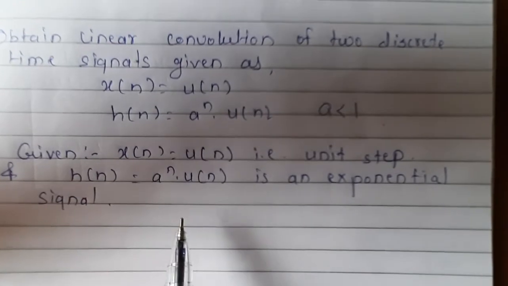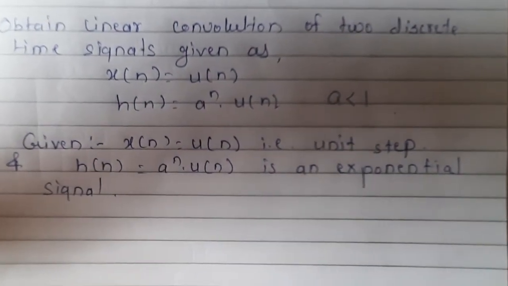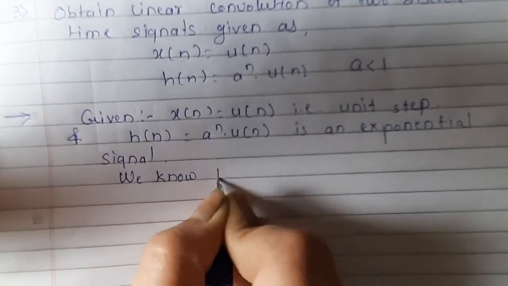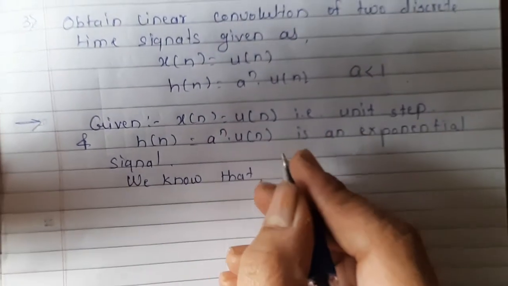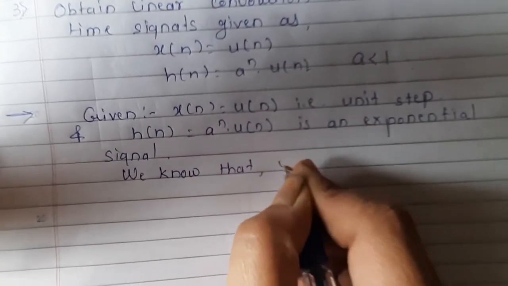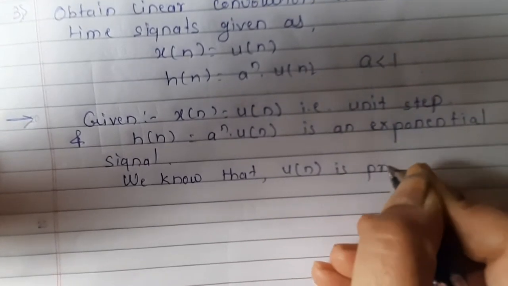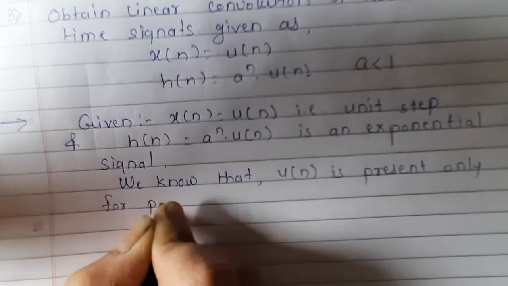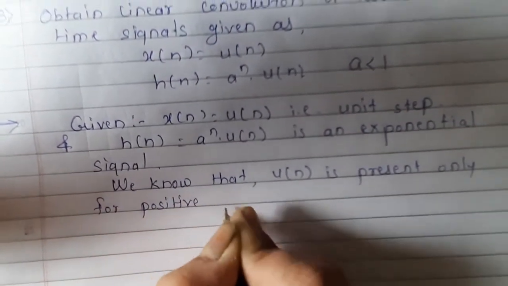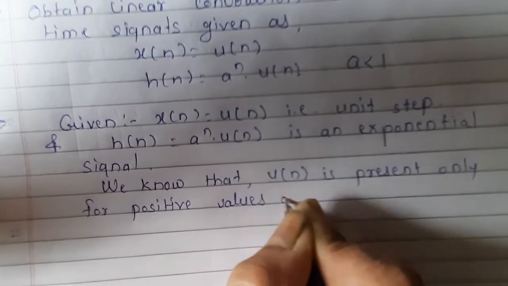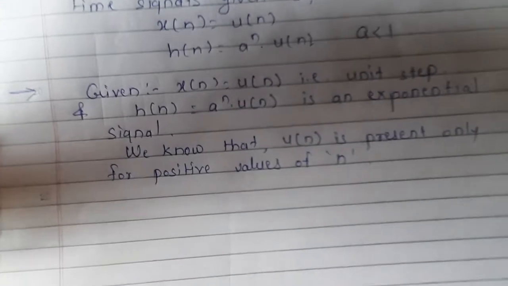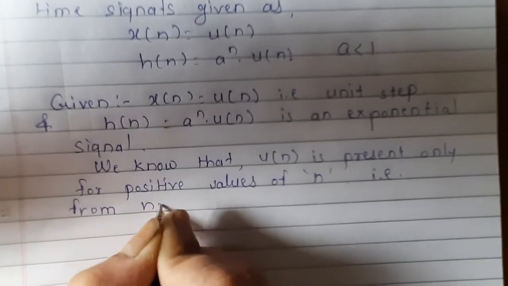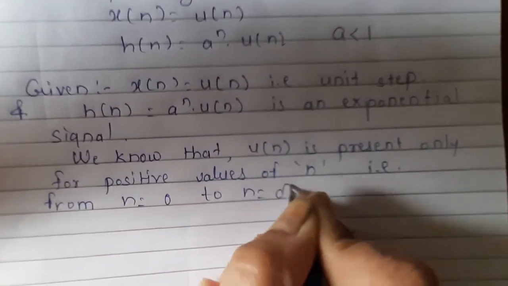So we know that u of n is present only for positive values of n, that means from n is equal to 0 to n is equal to infinity.